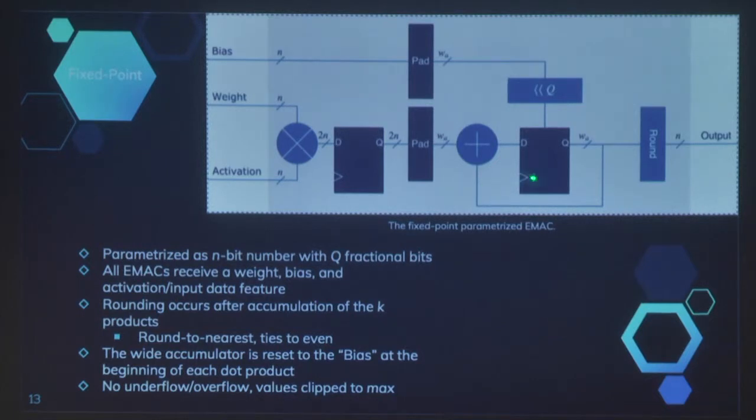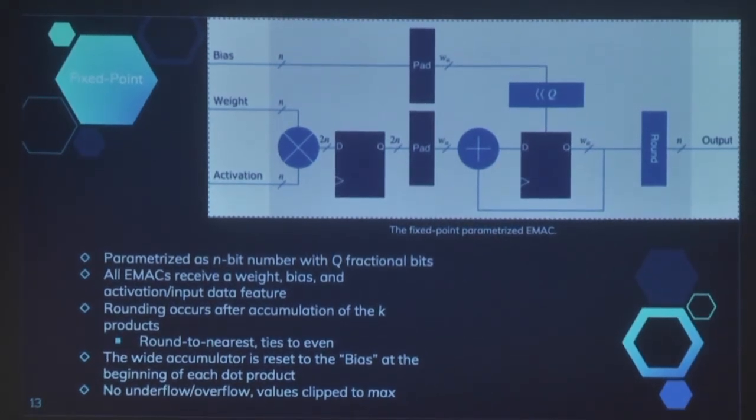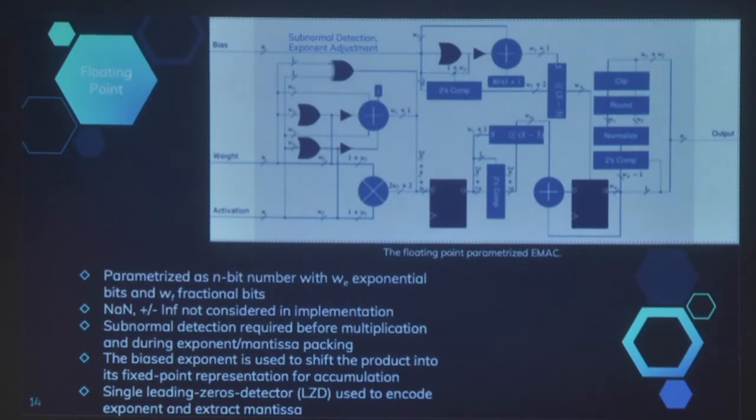And we are resetting this wide accumulator using this bias term at the beginning of each dot product, so you could have a diverse set of biases in there. And no underflow or overflow values because we are doing the clipping to max. So you can think of this as a baseline for the fixed point.